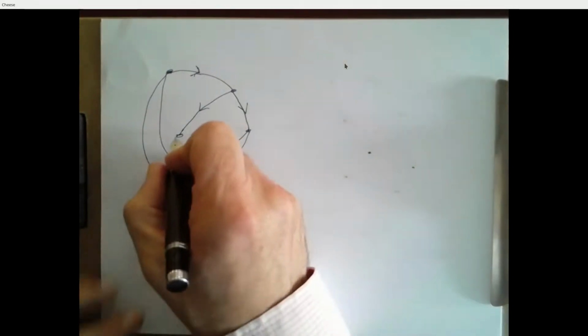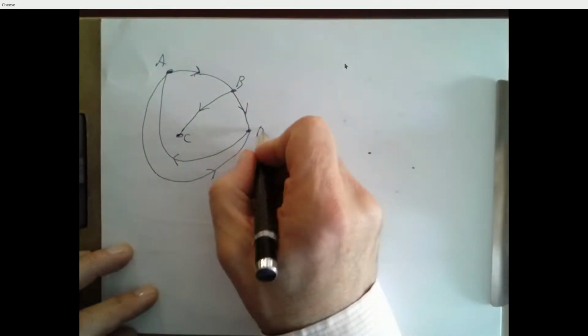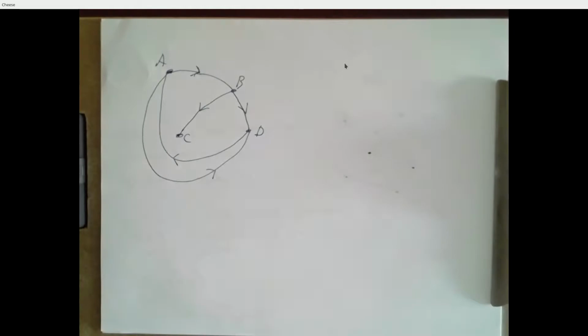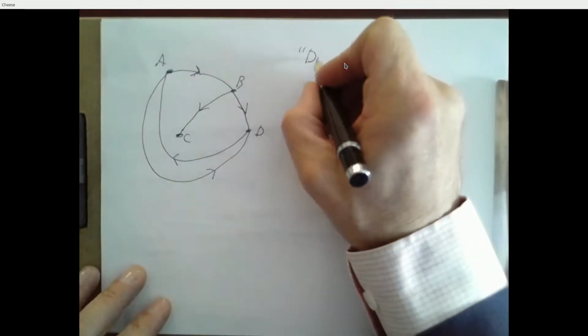Right, so let me label these vertices. A, B, C, D. So there's an edge from A to B, there's an edge from B to D, from B to C, from A to D, and also from D to A. But those are our only edges. So this is an example of a directed graph.